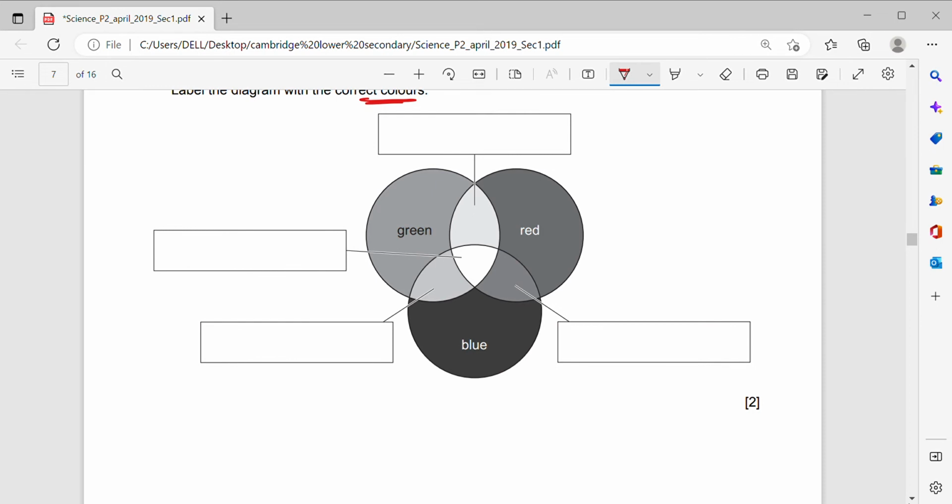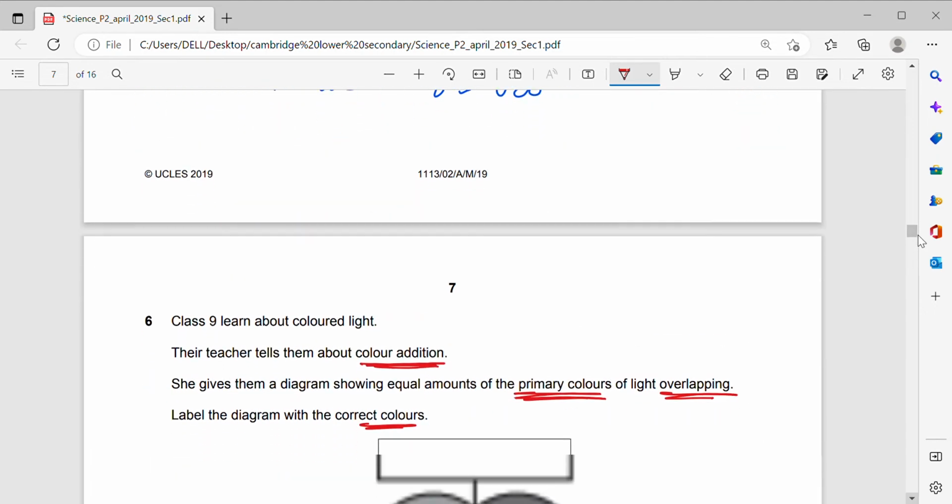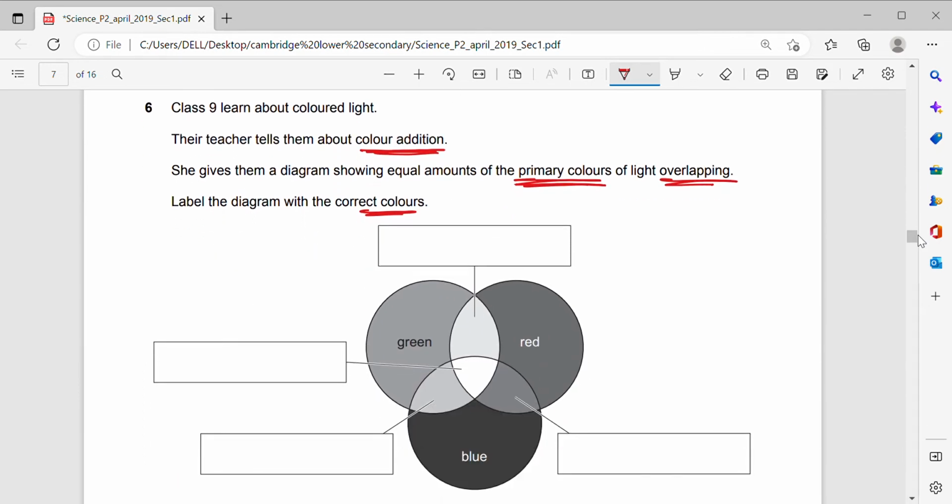Here, when green is mixed with red, and here we have white, what happens? When blue, red, green are mixed together, what color will you get? Let's see. First, this color is white.